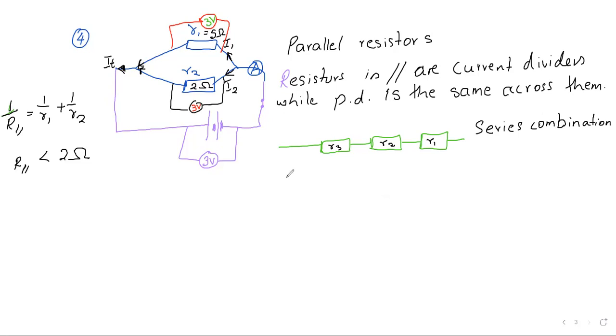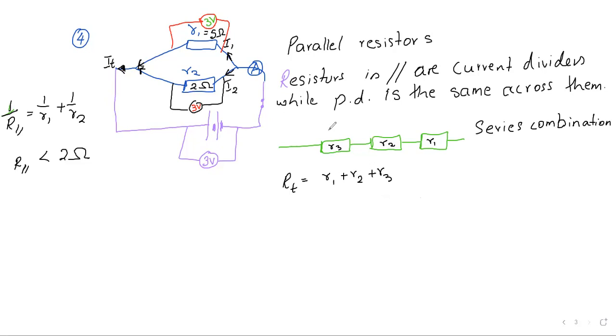The total resistance of a series combination will be R1 plus R2 plus R3. That's what you have, basically the sum.